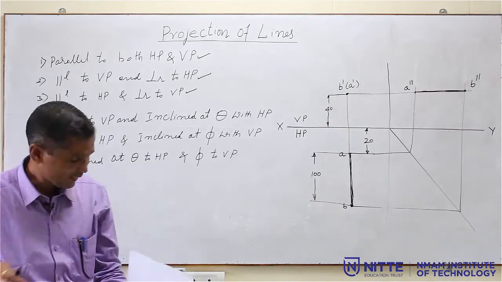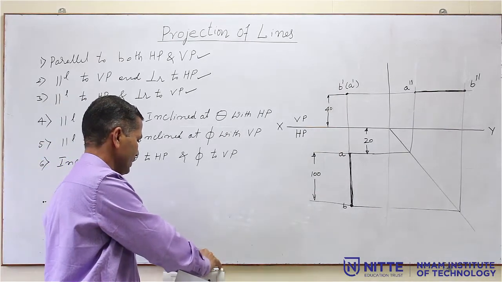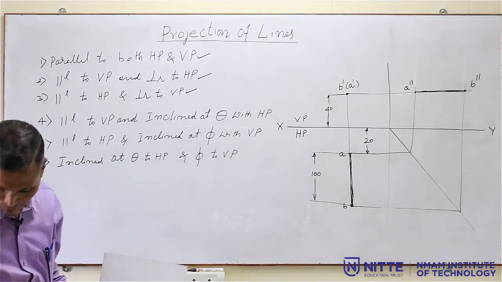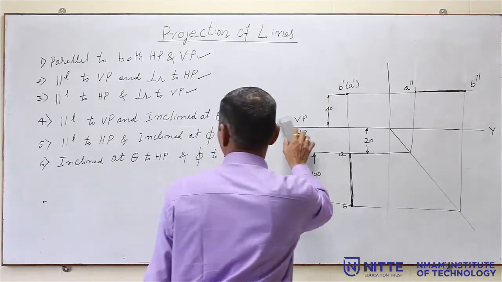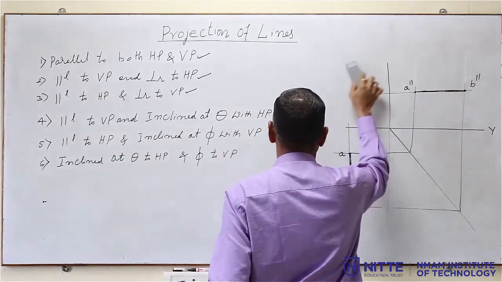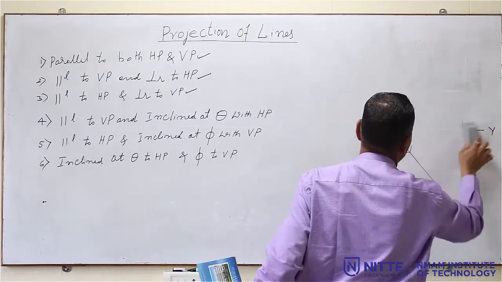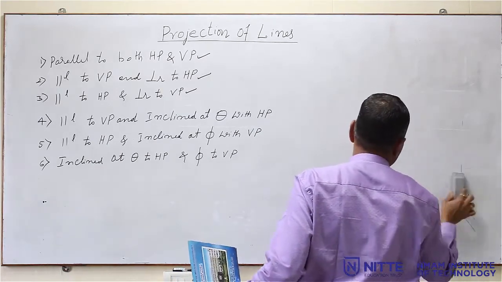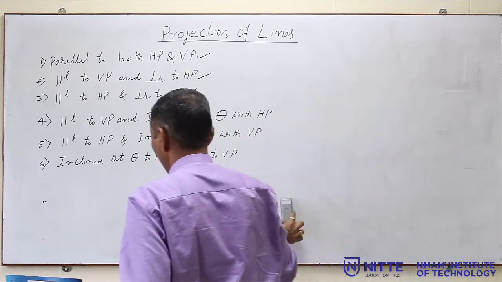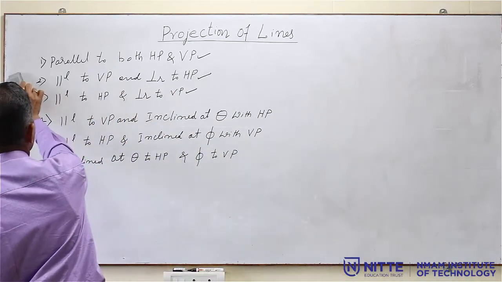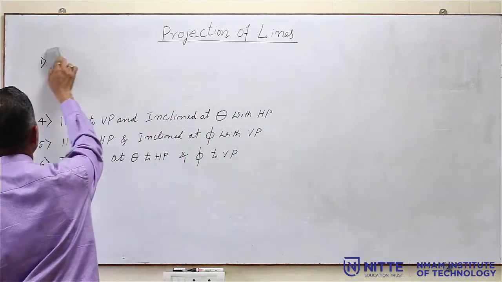Now, coming to the next condition, condition number 4, where the straight line is inclined to one of the planes. Now, it is not perpendicular, the straight line is inclined. So, I will remove the first three conditions.